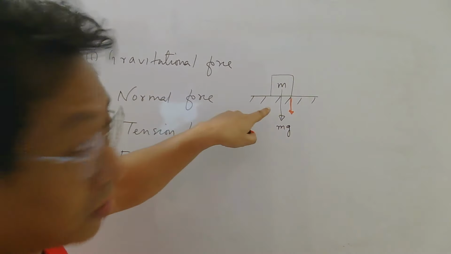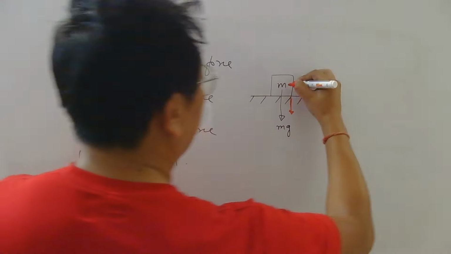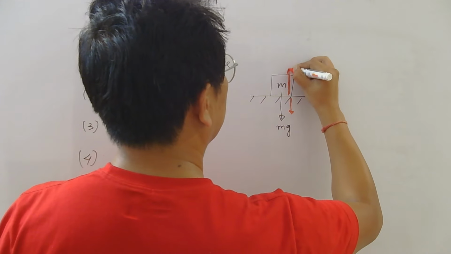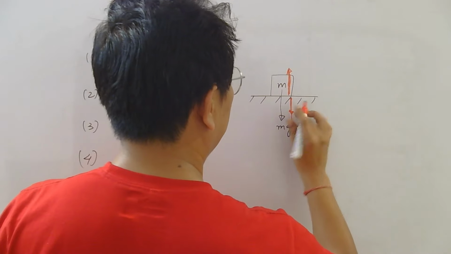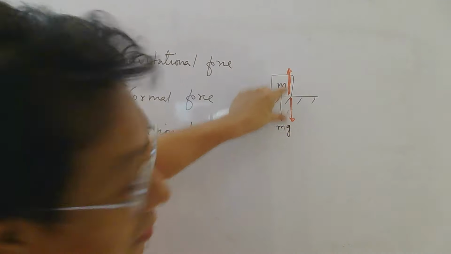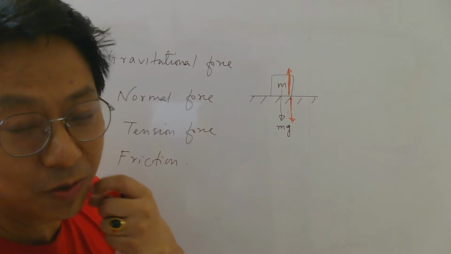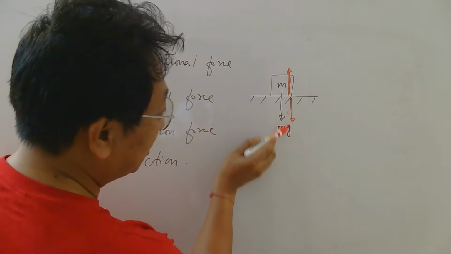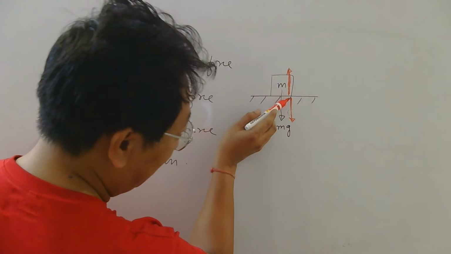And therefore, floor will also push it upwards. Right? I am trying to make the length the same because from Newton's third law, those two forces should be equal in magnitude. So this is the push on the floor.